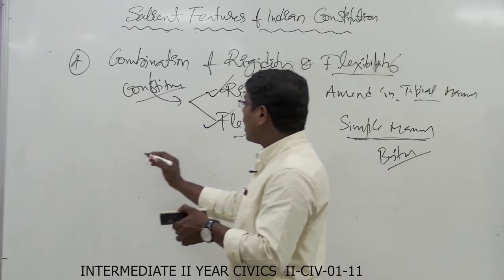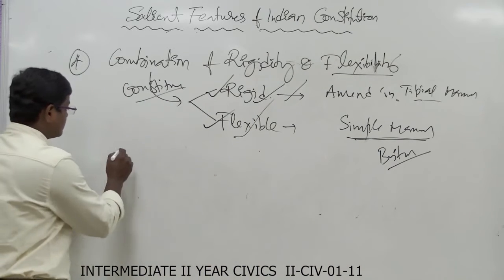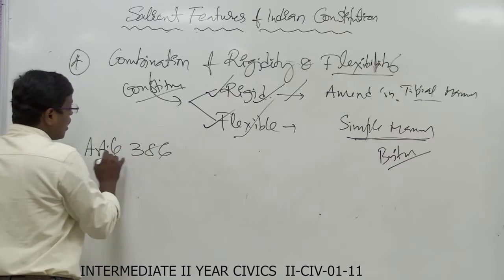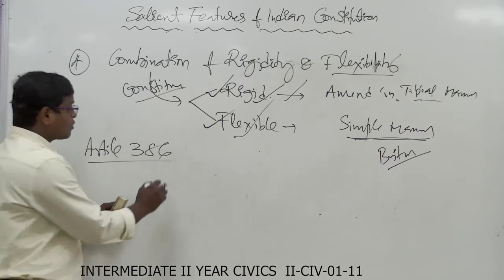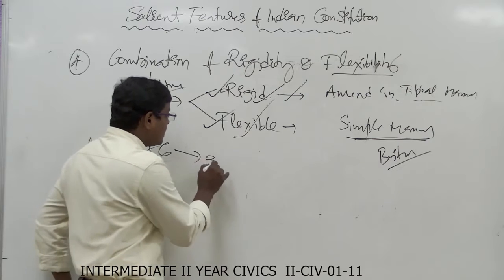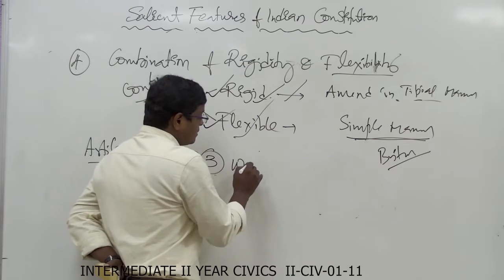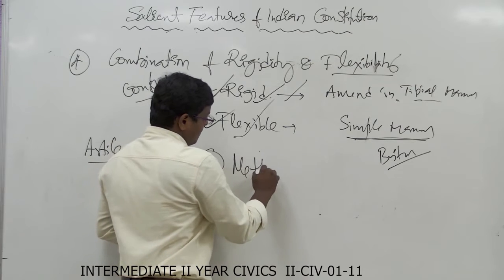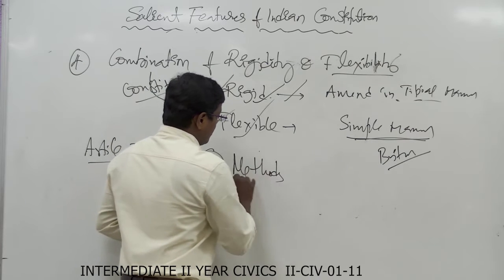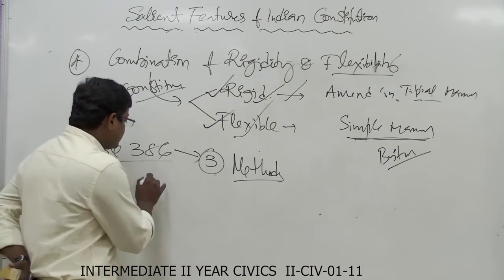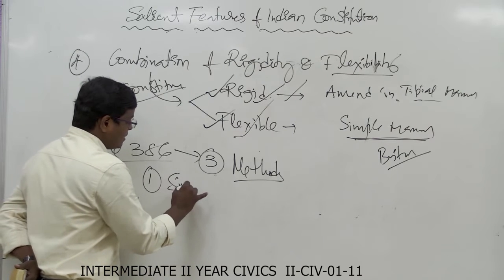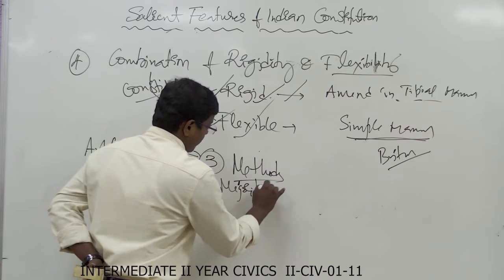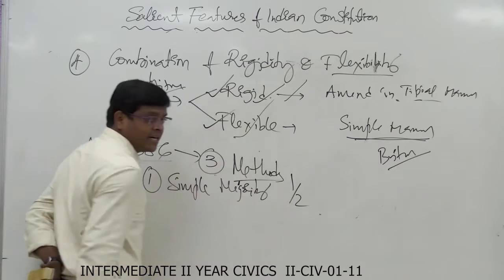Then, according to Article 368, our Constitution of India prescribes three different methods to amend the Constitution of India. What are the methods? One is simple majority, that means 1/2 majority.